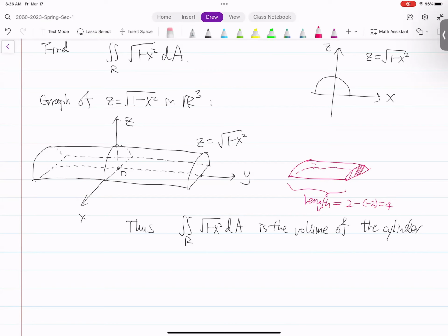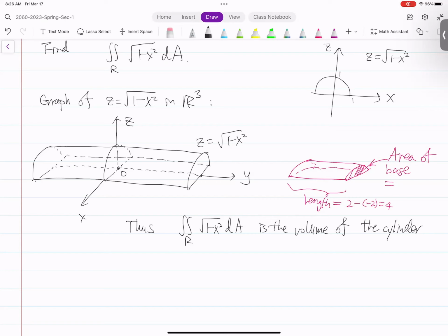Now, if you think about the area of the base, it's actually a semicircle. So you just calculate the area of the circle and divide by 2. It all relates to the radius, and the radius turns out to be 1 in this case. This point is 1, this x and this x is 1, and z is x also.